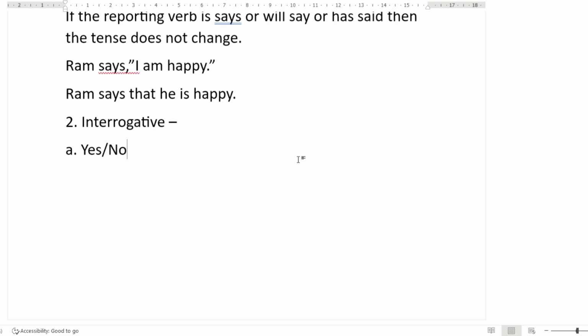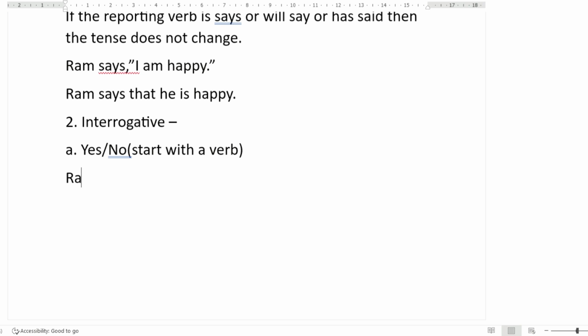They start with a verb, and it can be answered with one word, that is yes or no. Are you happy? Yes. Will you water the plants? Yes or no. So this is the first category of interrogative sentences which start with a helping verb and they can be answered in one word.